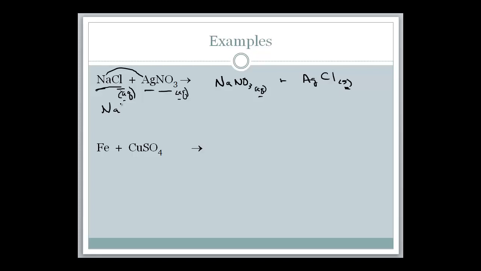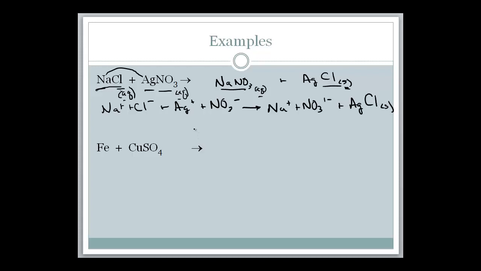We have the sodium ion plus the chloride ion plus the silver ion plus the nitrate polyatomic. Sodium nitrate is aqueous, so we'll write those ions. And then our silver chloride is solid, so we will leave that as a compound, silver chloride.